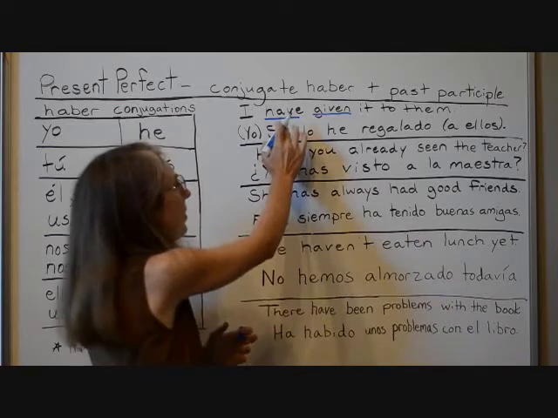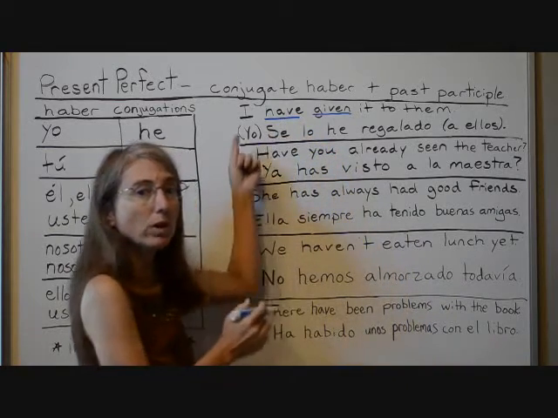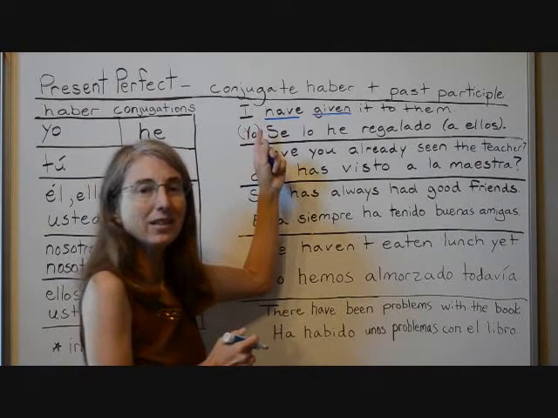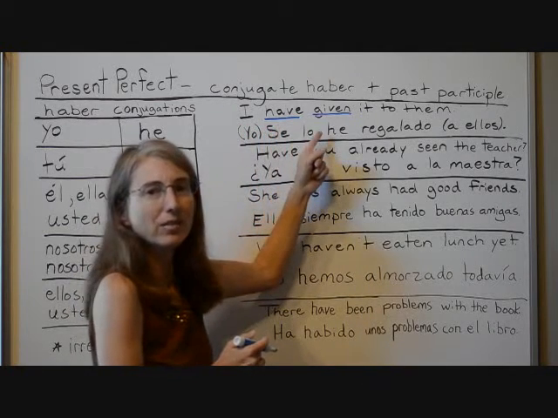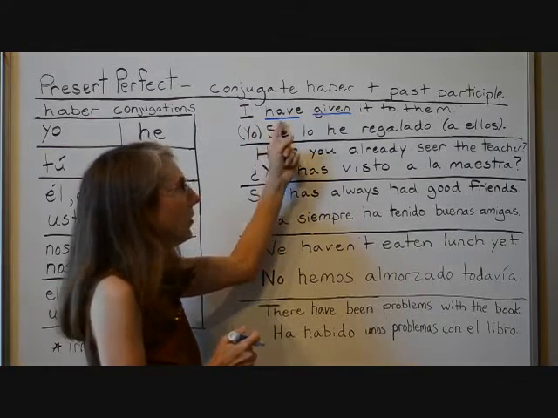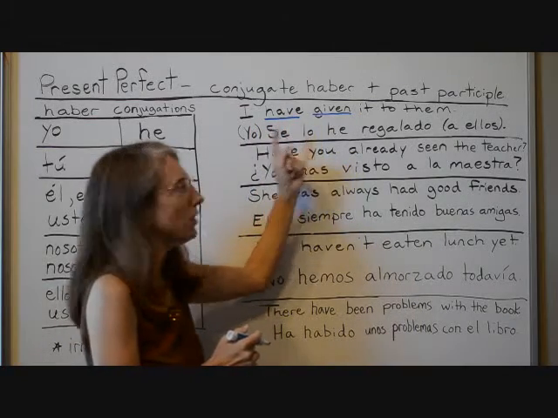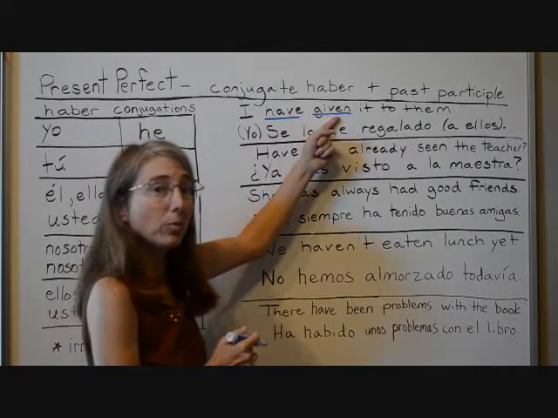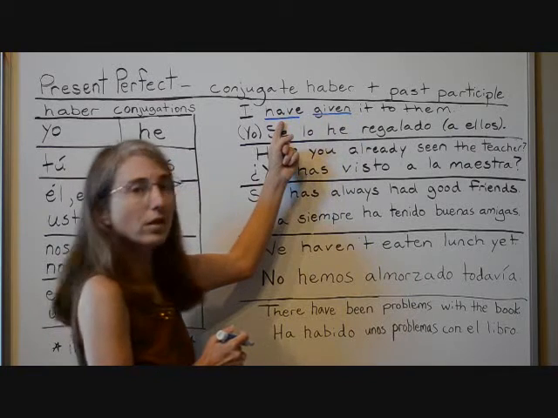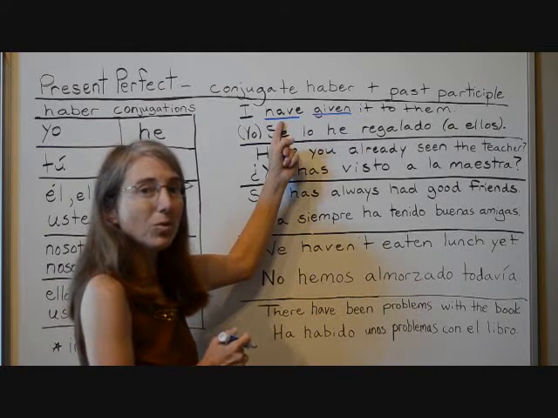Have is conjugated according to the subject. I have. So if it would have been he, then it would be he has given, or they have given. So in this example in English, we always use the past participle of this verb, and this verb is the one that's conjugated according to the subject.